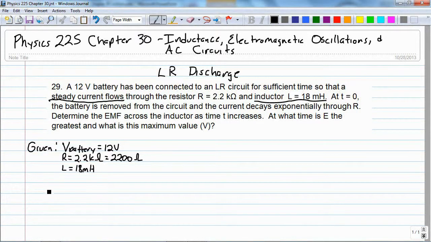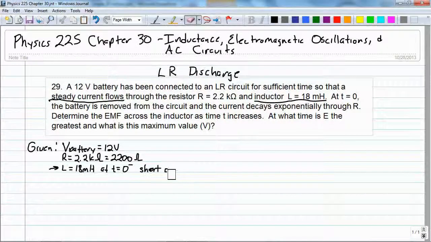So it's the maximum current that's flowing, and so in that case, the inductor at this point, at t equals 0 minus, looks like a short circuit. So it just looks like a piece of wire. Maybe that's a better way to put it. It just looks like a wire.